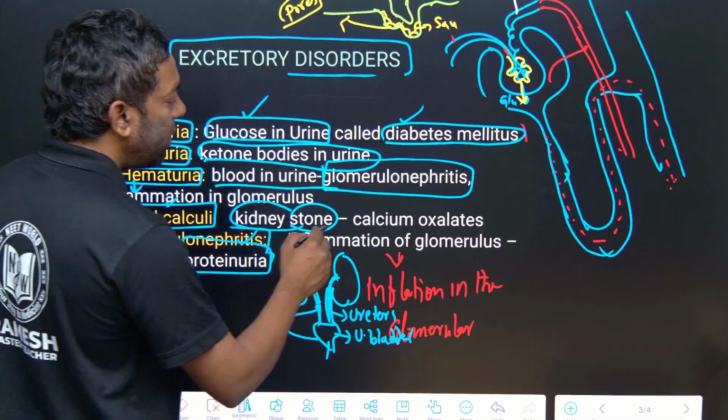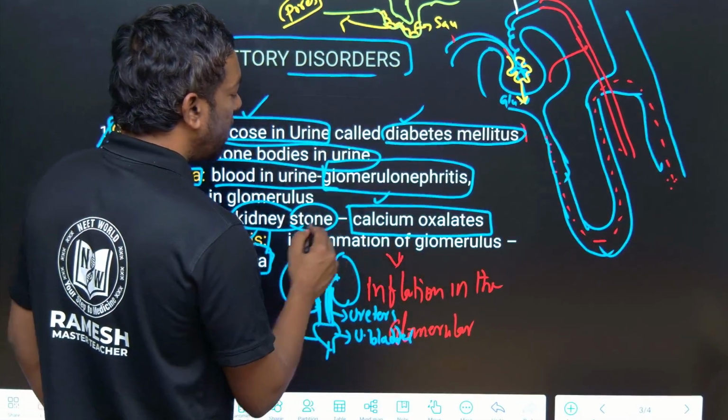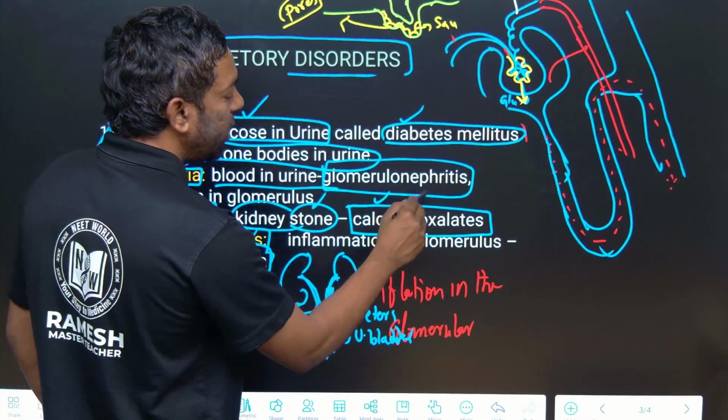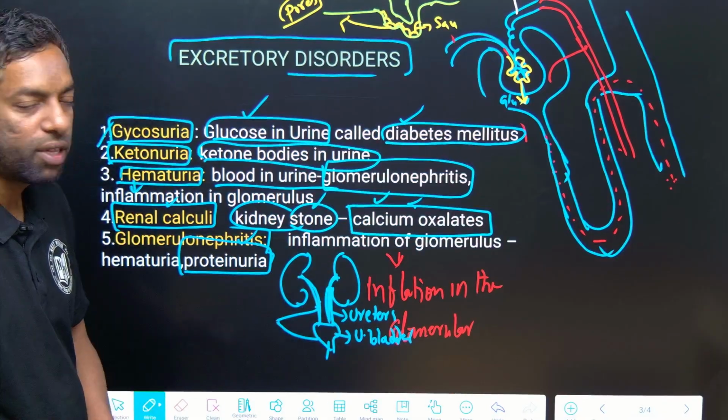The chemical nature of renal calculi, the stones, is calcium oxalate.